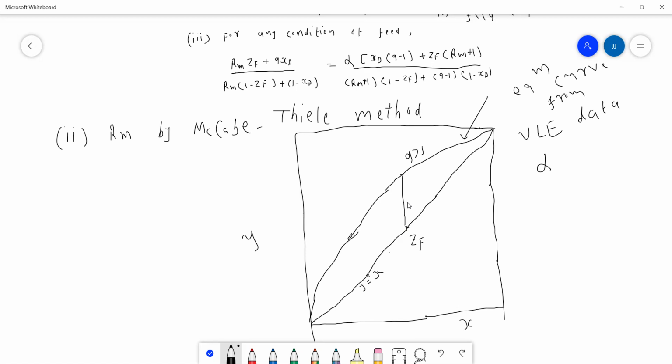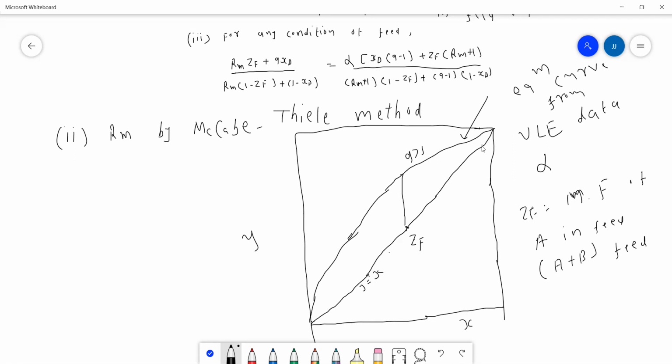So first you mark ZF, where ZF is nothing but the mole fraction of A in feed. Let's say we have A plus B in feed, where A is the more volatile, then ZF is the mole fraction of A in feed.